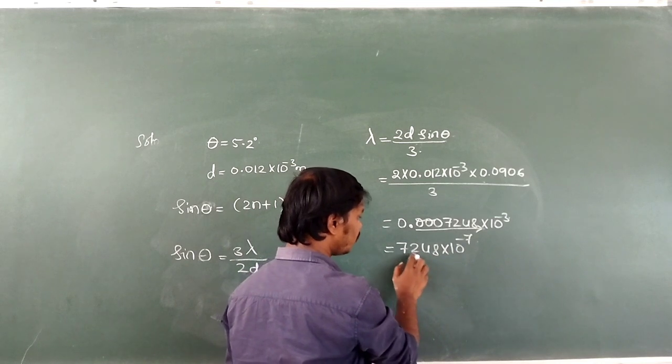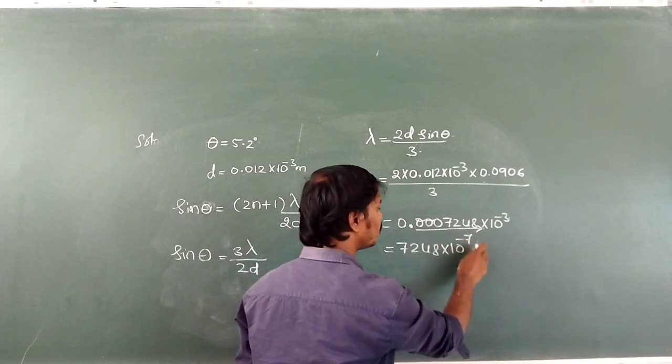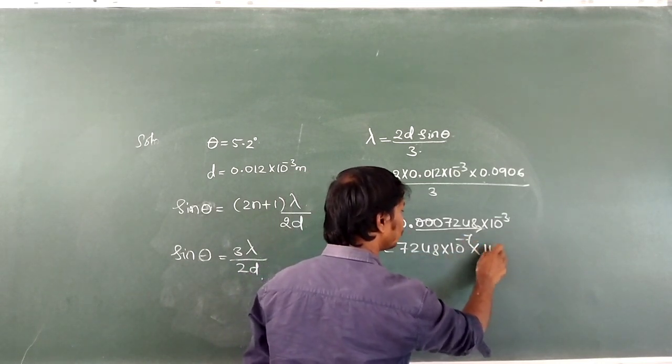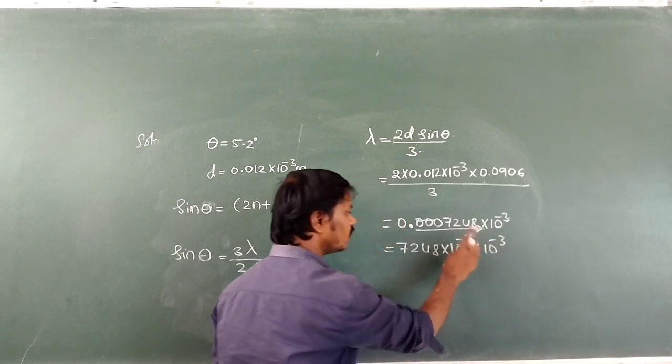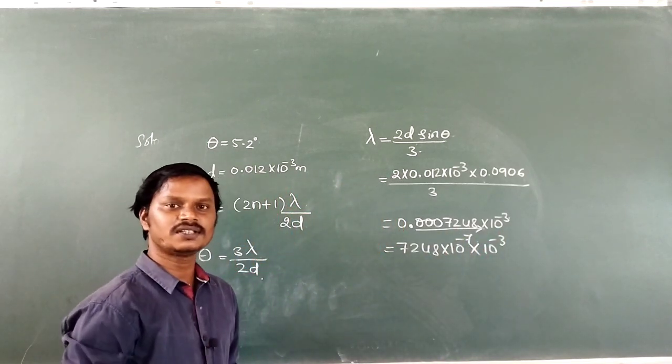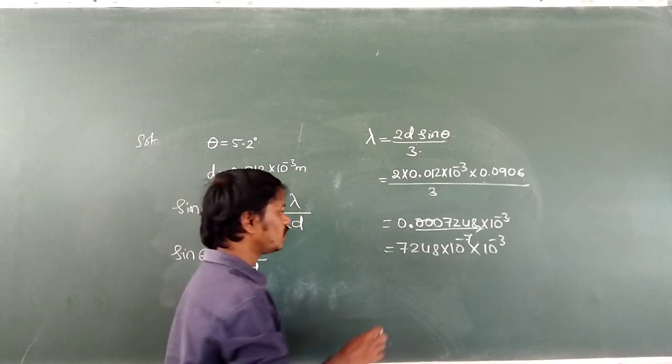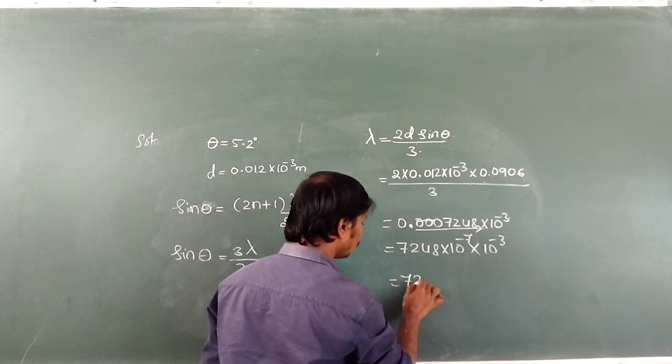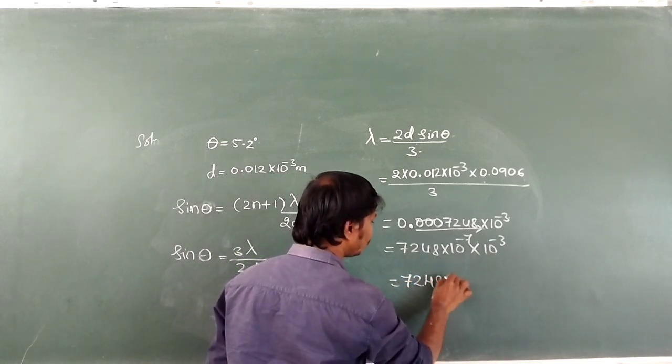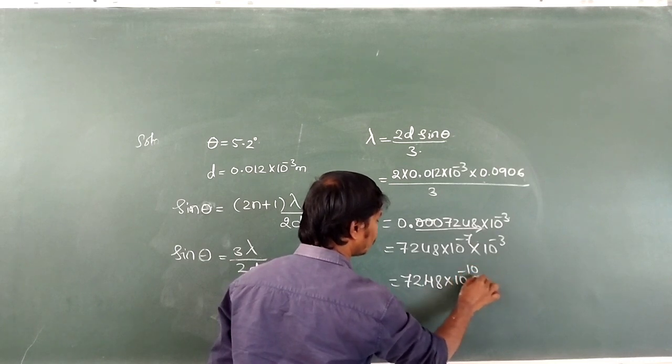That is why 7248 into 10 to the power of minus 7 into 10 to the power of minus 3. Then 10 to the power of minus 7 into 10 to the power of minus 3 is 10 to the power of minus 10. 7248 into 10 to the power of minus 10 meter.